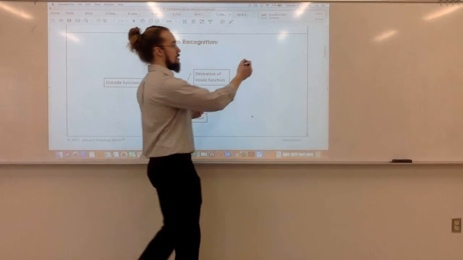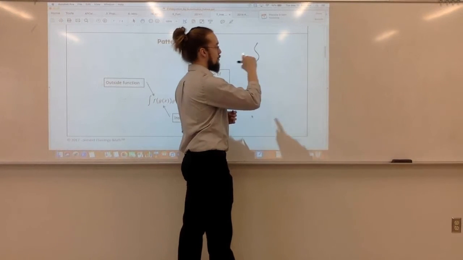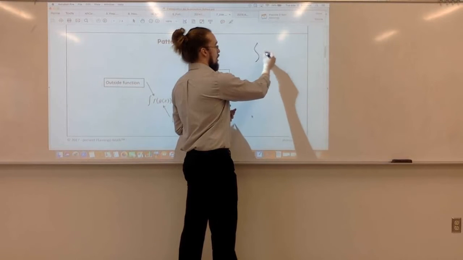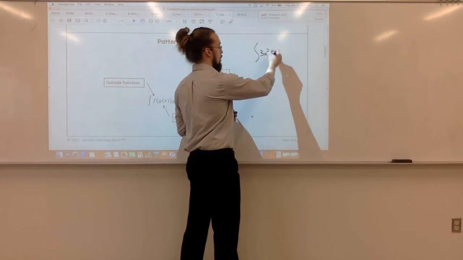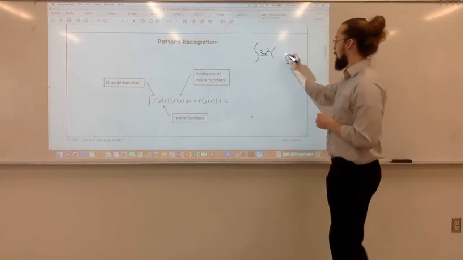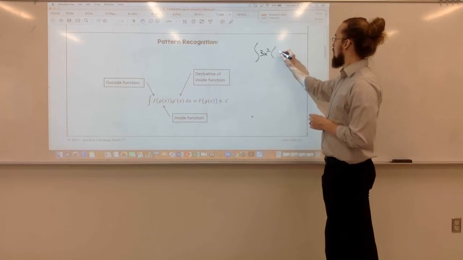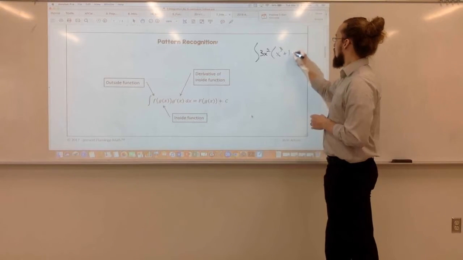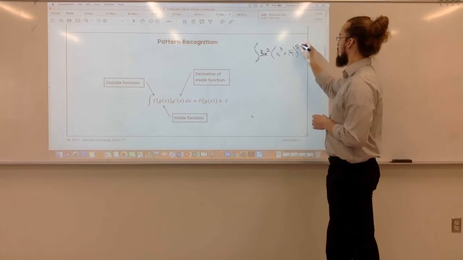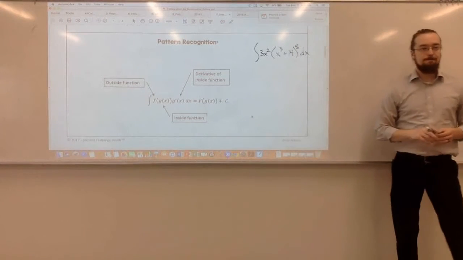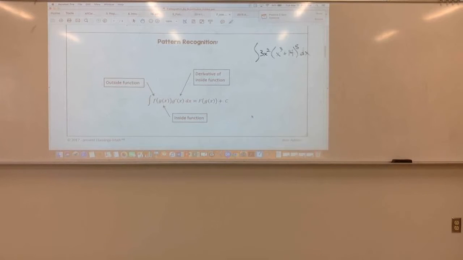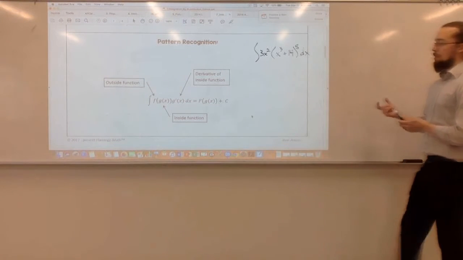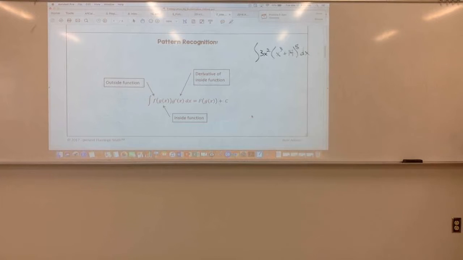So let's try another one similar to that. How about 3x squared times x cubed plus 14 to the 8th power. And so, can we recognize some piece of this function and its derivative?